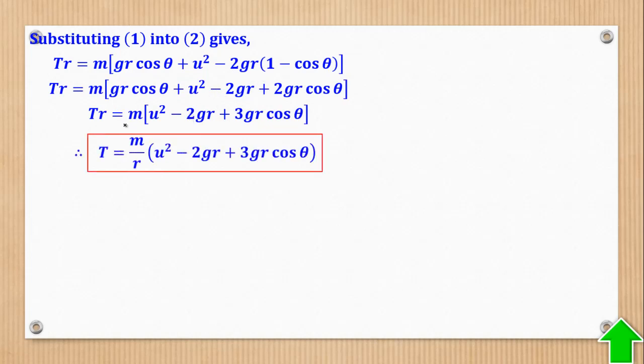And then you shall be able to come up with the expression for tension, which will be m over r, well, because this r came here, u squared minus 2gr plus 3gr cos theta. That is the tension.